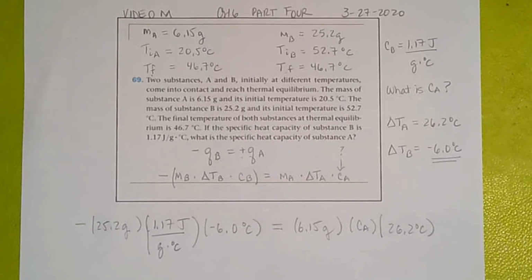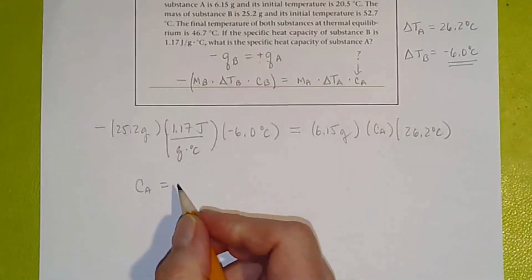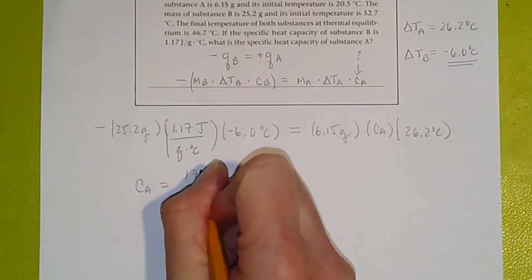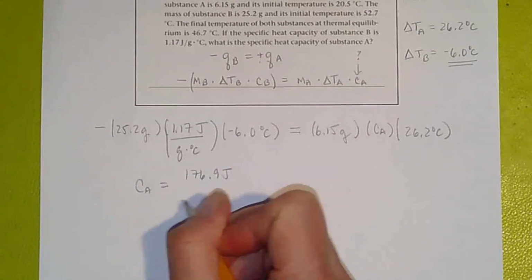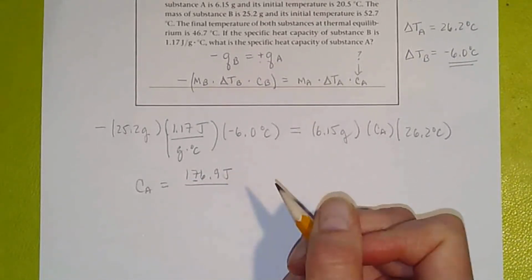And if we do the math, we end up with Ca equals 176.9 joules. And here we just have two significant figures on the top. I'm going to put a little line there to indicate that.